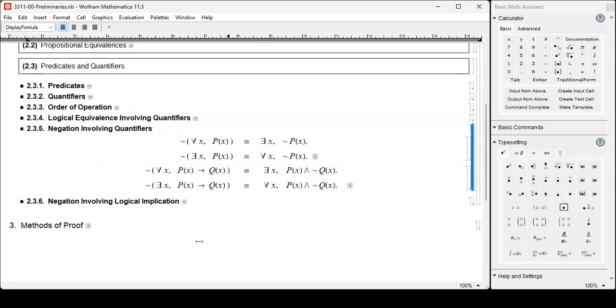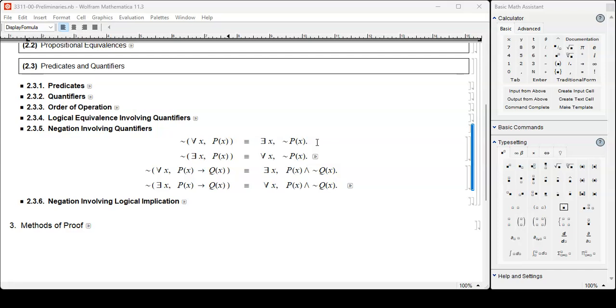How about some negation? So all becomes some, some becomes all. Remember that? So when you negate, the predicate itself becomes negated. So for example, if you have an inequality, you have to flip it over.